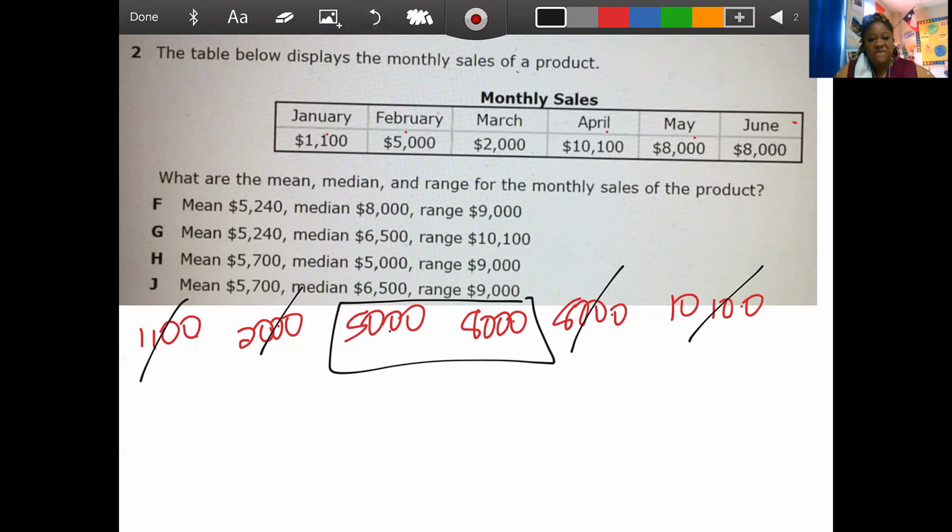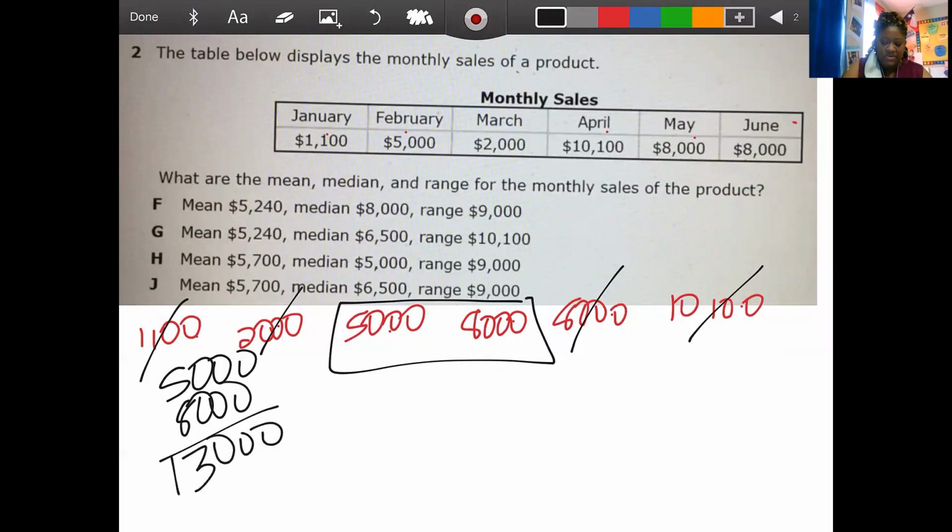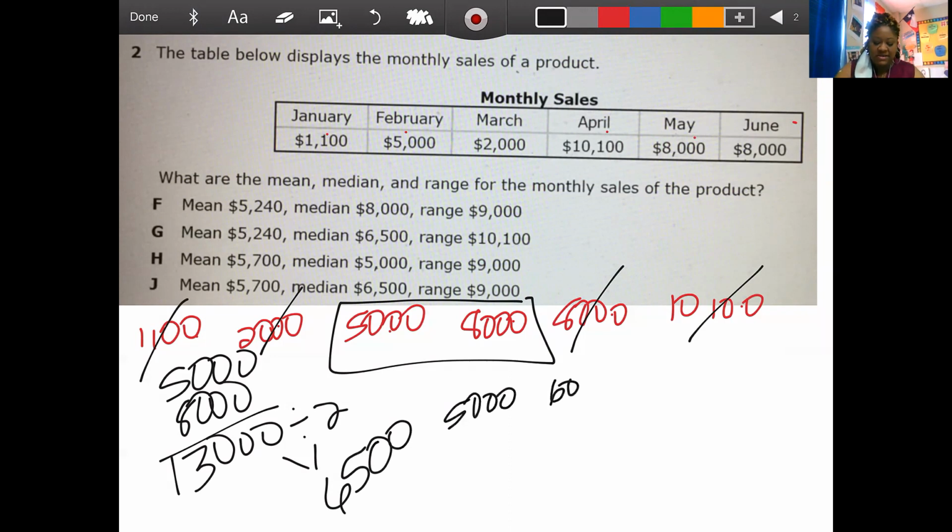So what number is between 5,000 and 8,000? You can answer this 1 or 2 ways. You can add 5,000 plus 8,000, and you can divide that by 2. How many 2s are in 13? 6, with 1 left, so 12. 12 is going to be 5, with zeros. Or what you could do is write out 5,000, 6,000, 7,000, 8,000.